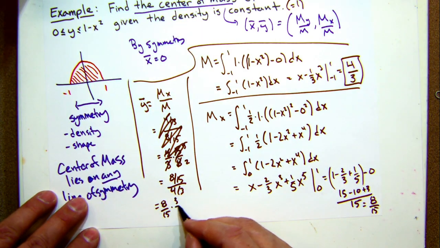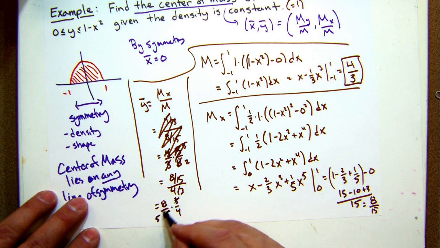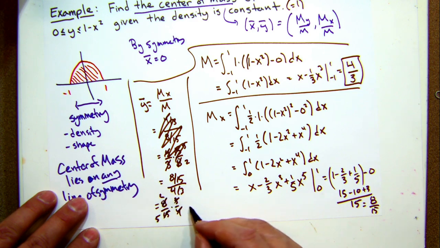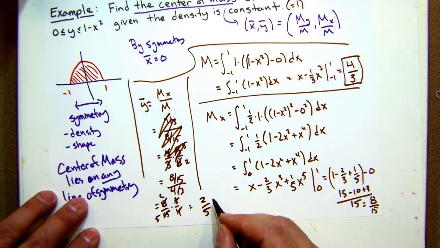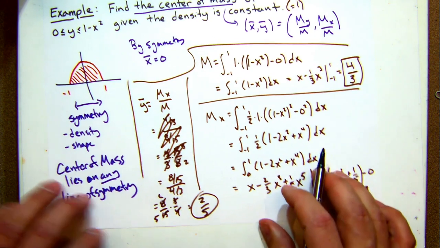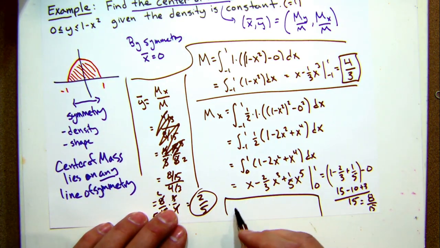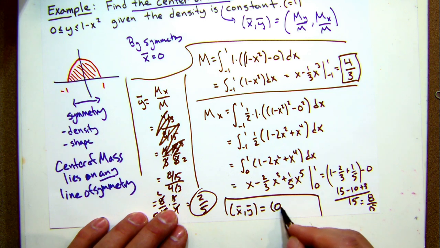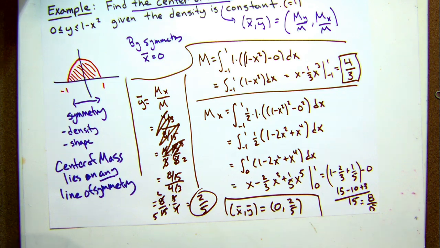I obviously made an error at first because I was getting a number way too big. So it's 8/15 times 3 over 4. Again, I can go 5 times into 15, and here I can go twice. And so I get 2/5. Therefore, our center of mass, x bar, y bar, is (0, 2/5).